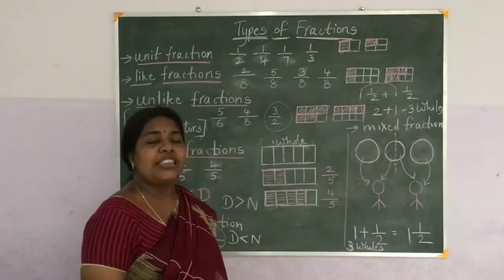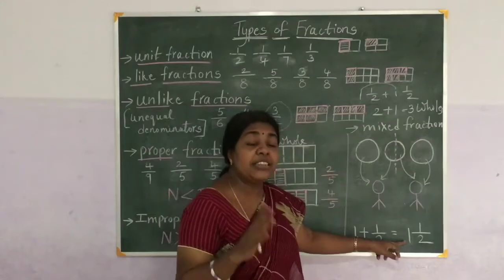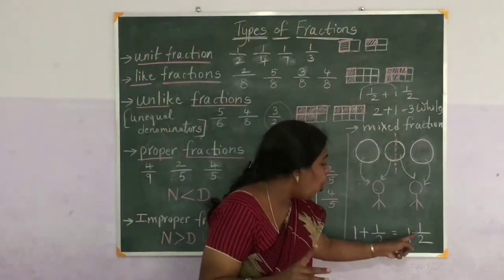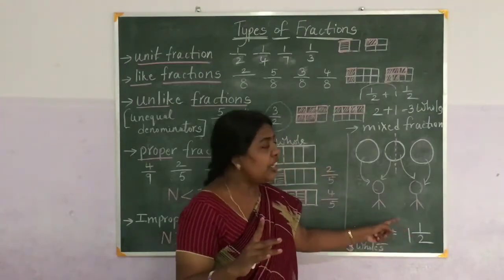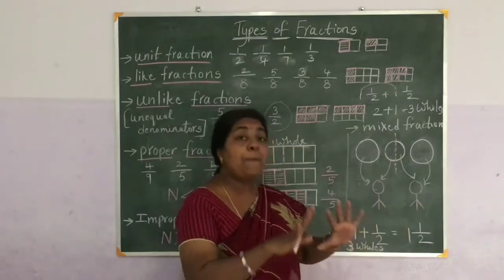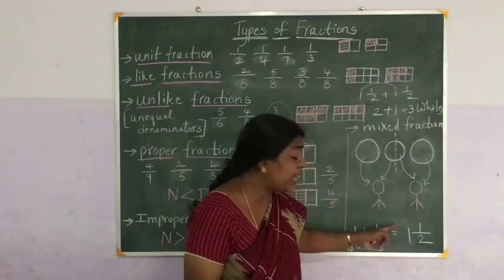Is it not? That means this type of fraction is when a fraction has a whole number. Here the fraction has one whole number. Whole number means a complete, full chapati. Each child is getting one complete chapati.